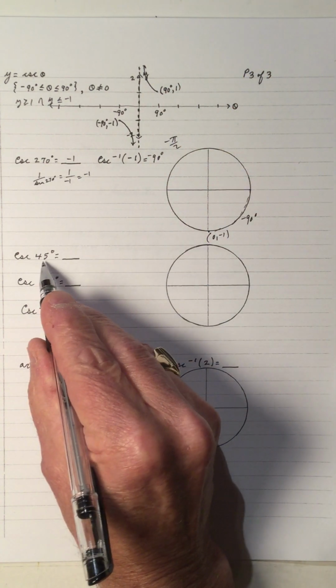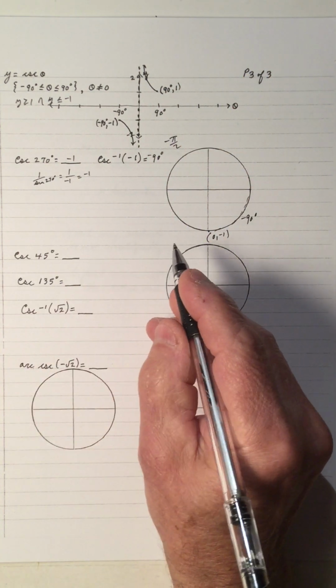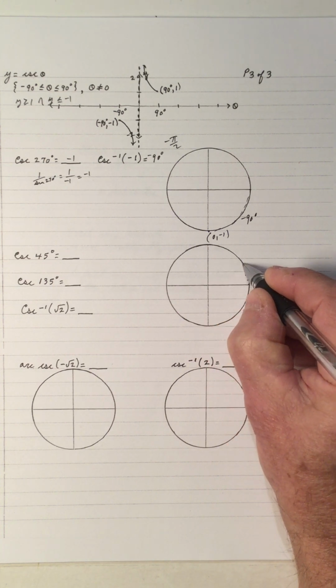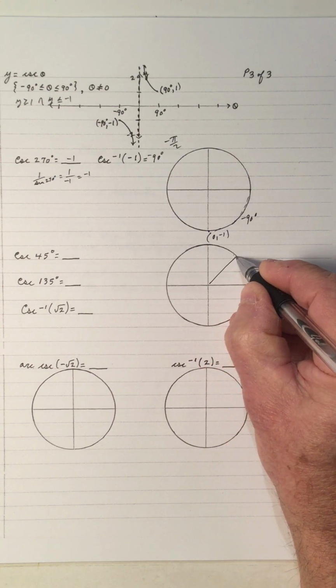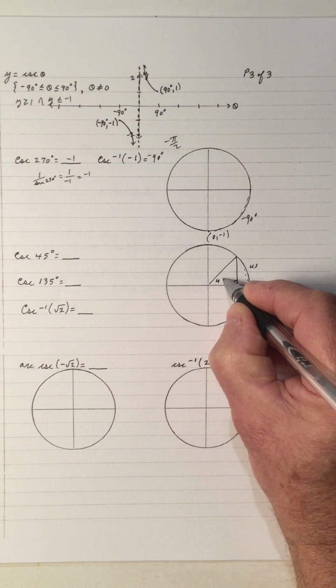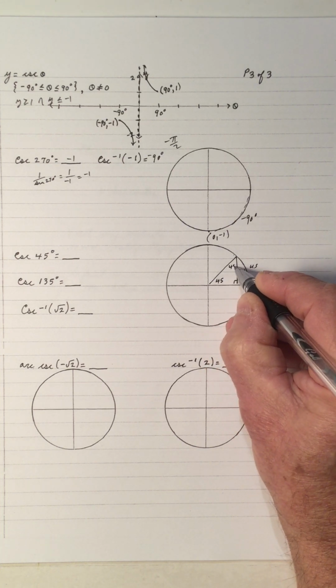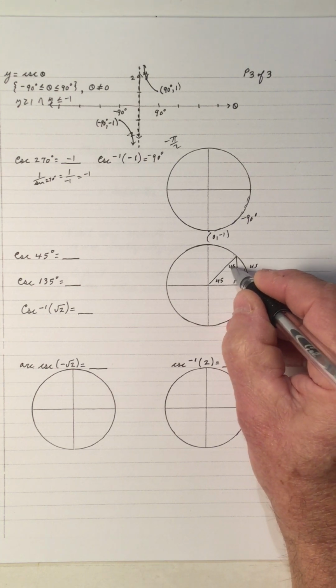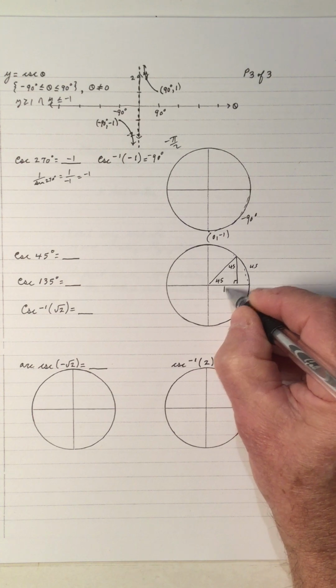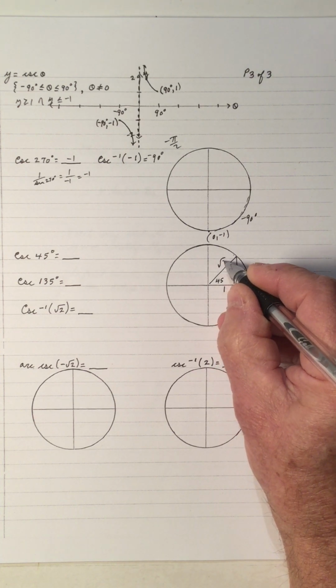And the cosecant of 45, let's look at the 45. The 45 rotation is right here. That means the reference angle is 45. This angle is 45, that's a 90, and we have a 1, 1, root 2.